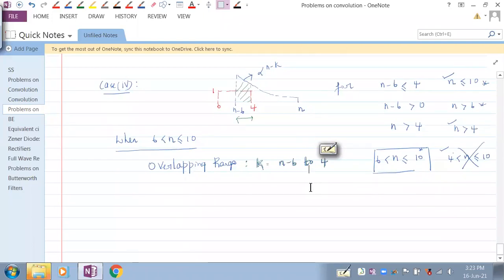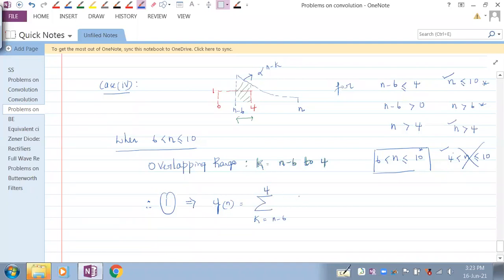So equation number 1 becomes y of n, and here in the summation, k would be ranging from n minus 6 to 4.